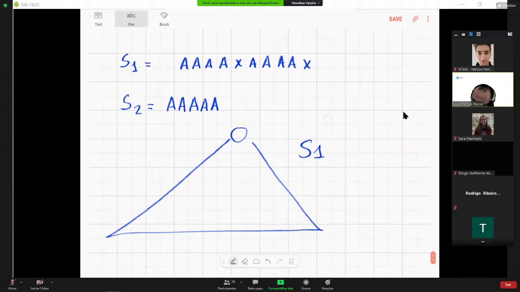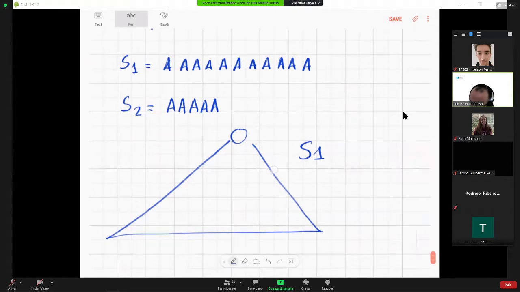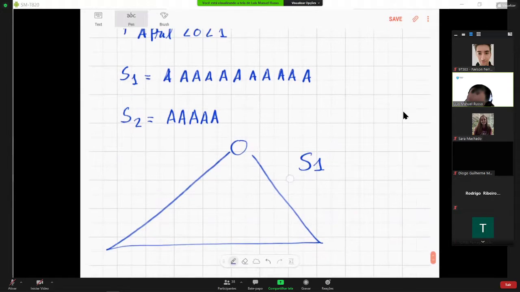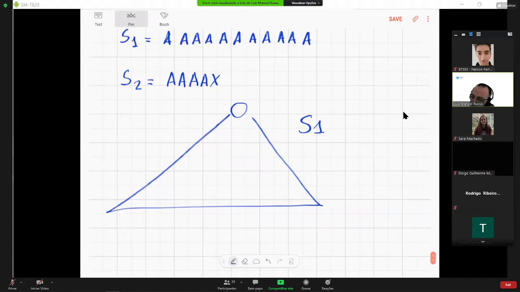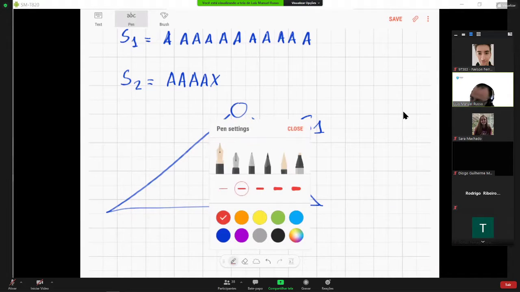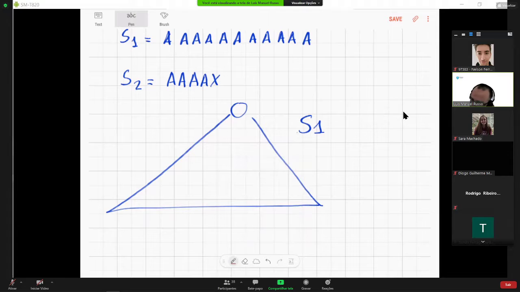Let me do this the other way around. Let me just put an A here. This would be too easy, but let me just put an X here. So what would we do? We would try to read string S2 in this suffix tree.